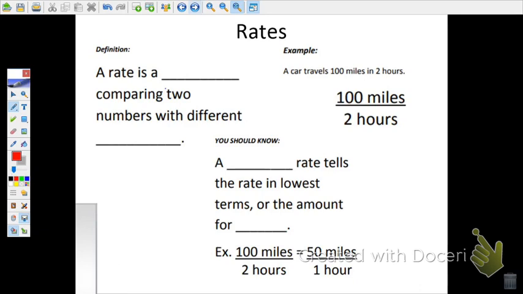The next piece in your interactive notebook, rates, says a rate is a ratio comparing 2 numbers with different units.